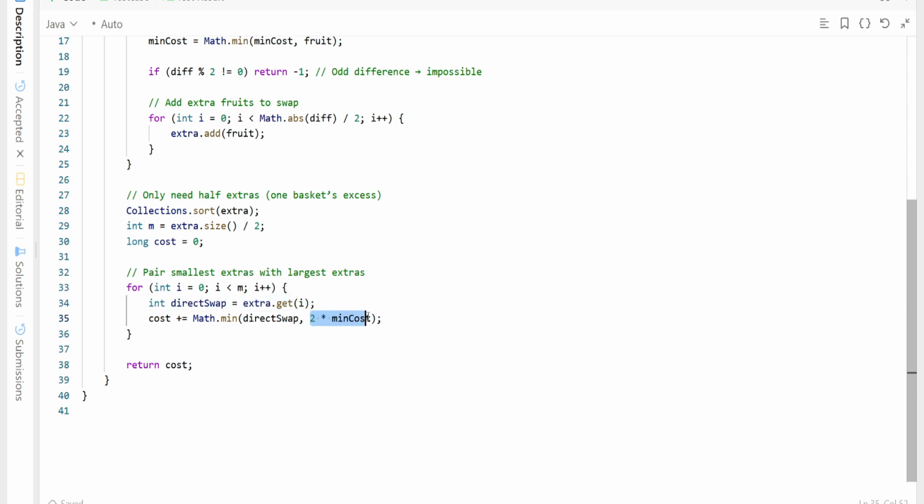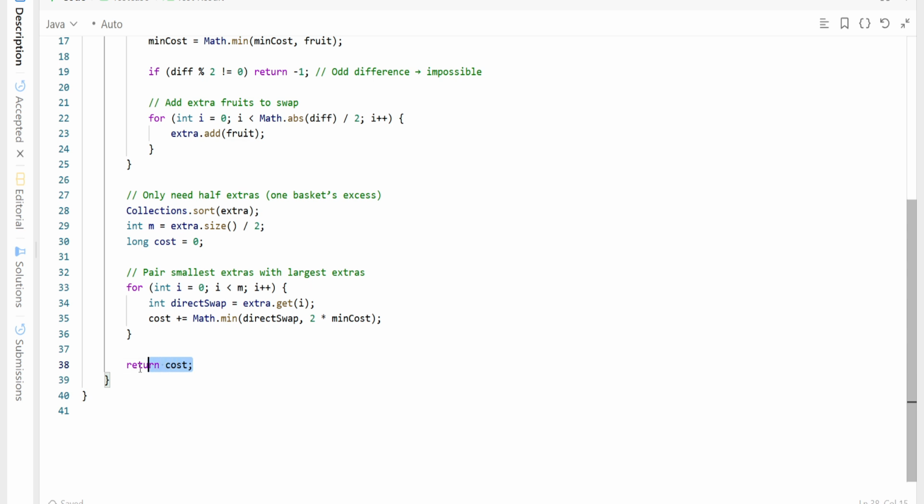So you know the min cost, you get it from the whole, and this is the minimum direct. Whatever minimum value you get from the direct value will keep updating your cost.